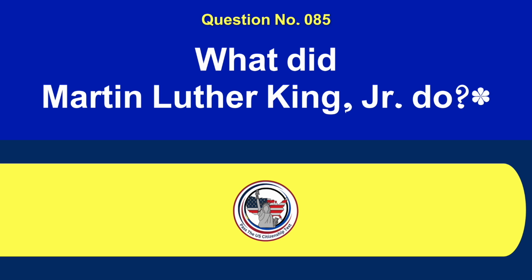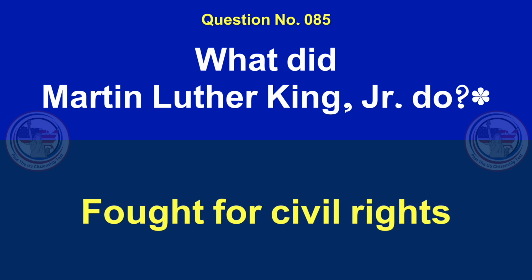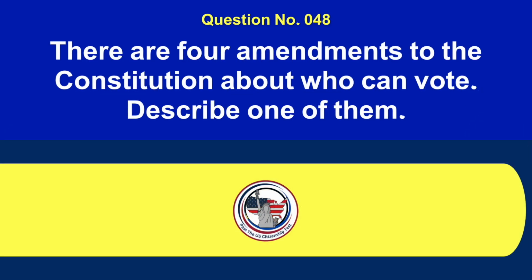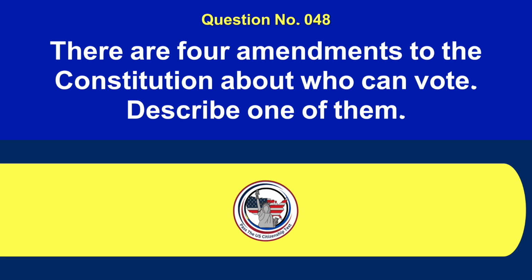What did Martin Luther King Jr. do? Fought for civil rights. There are 4 amendments to the Constitution about who can vote. Describe one of them.